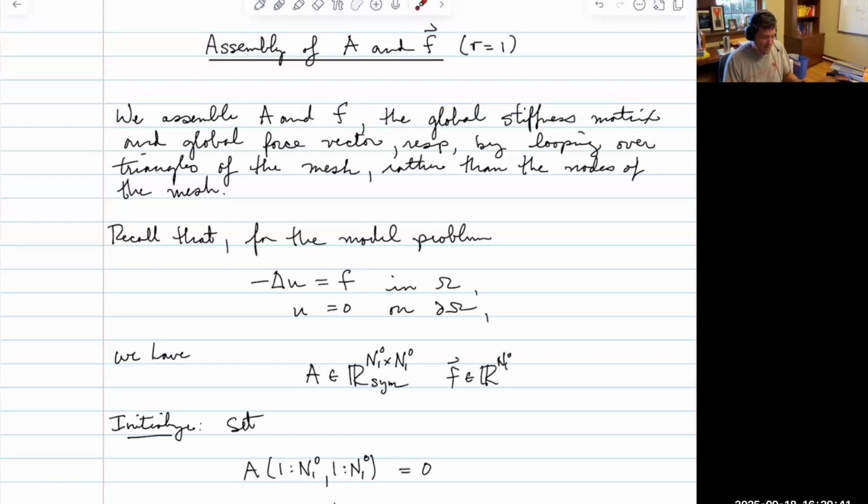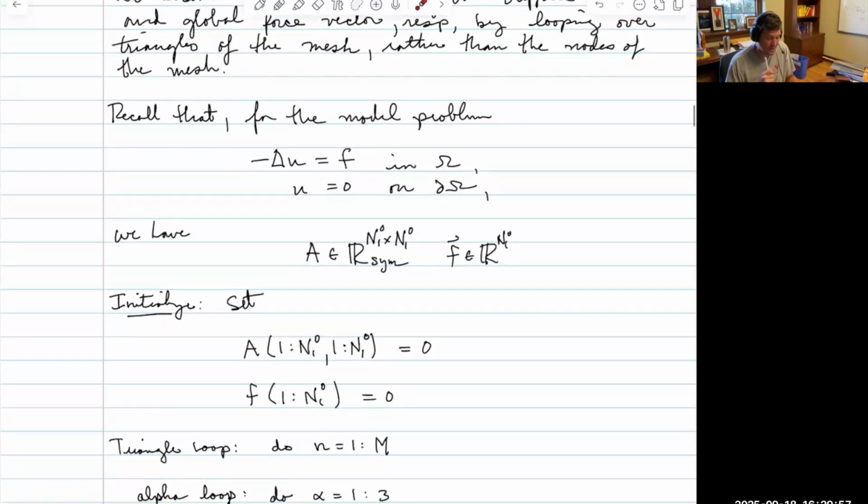The algorithm that I'm about to show does not take full advantage of the symmetry that's inherent in this matrix. So we are going to do some things that are a bit redundant and a little bit wasteful because we're not taking advantage of the symmetry.